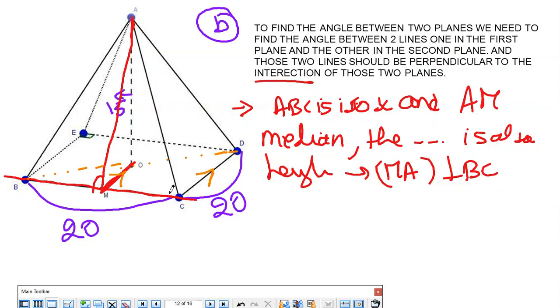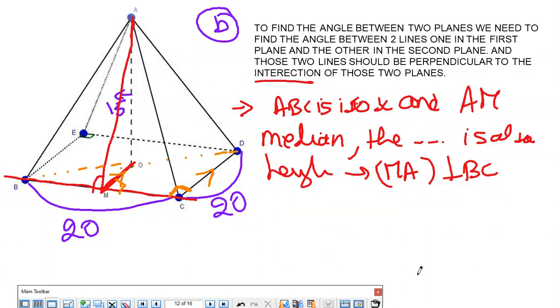But since CD is perpendicular to BC, and if two lines are parallel, any line perpendicular to the first is also perpendicular to the second, so MO is perpendicular to BC. So now I got the second line.